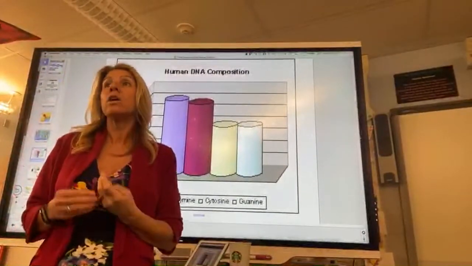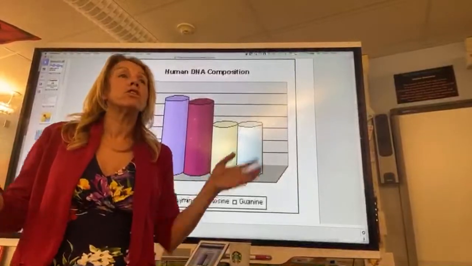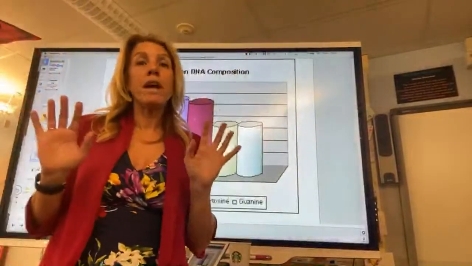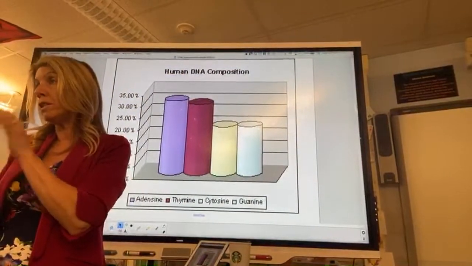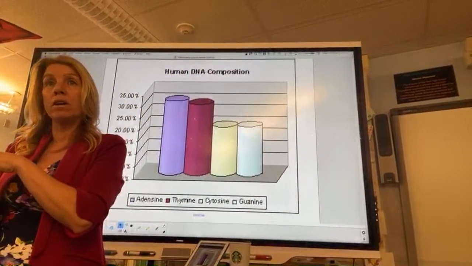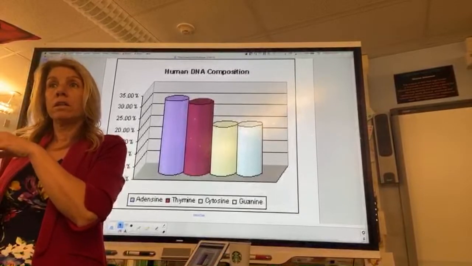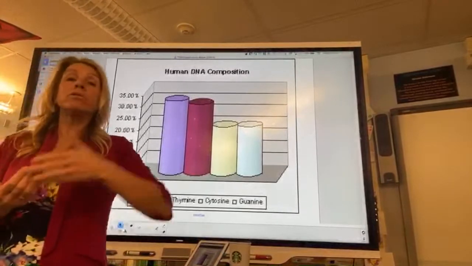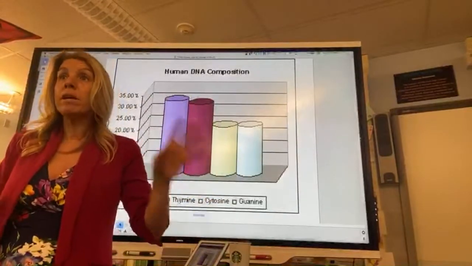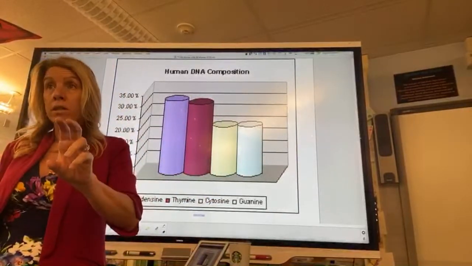Who was that? Chargaff. And what he found is when you look at all different species, you can have various numbers of each of those nitrogenous bases. But what was the pattern that he saw? A equals T, G equals C. Yeah. He didn't know who was binding, but the adenine numbers always equaled the thymine, and the guanine always equaled the cytosine.